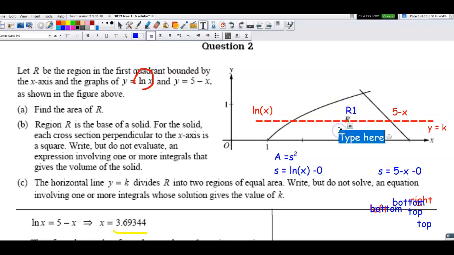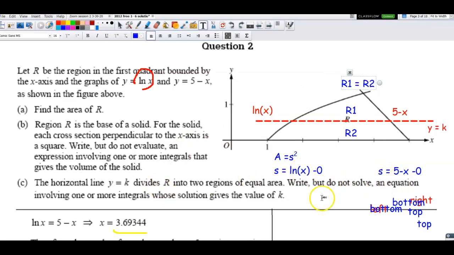And down here, I'm going to call this region number 2. So basically, the big idea here is that this line is placed in such a way that region 1 is equal to region 2. All right, so that's what's happening with that horizontal line.